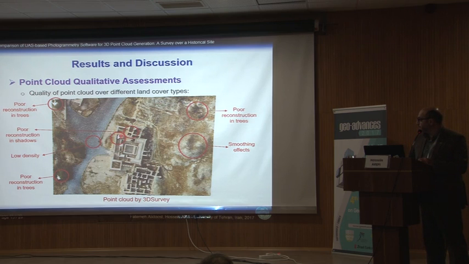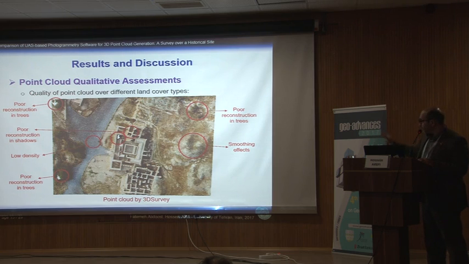Then shadow. Shadow comes from the fact that we have fewer images corresponding to this area, and also the quality of the image in the shadow area is lower. Therefore, finding the 3D point is a bit more difficult. The low density that we see, again trees, and some smoothing effect on the hilly area.